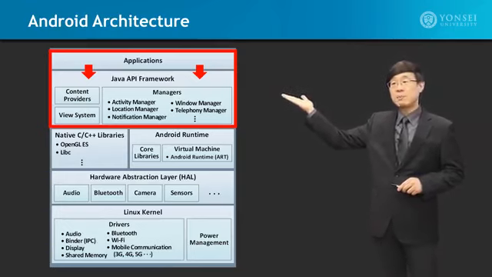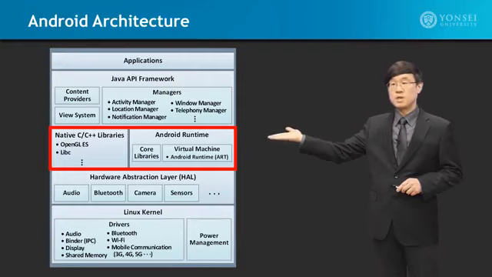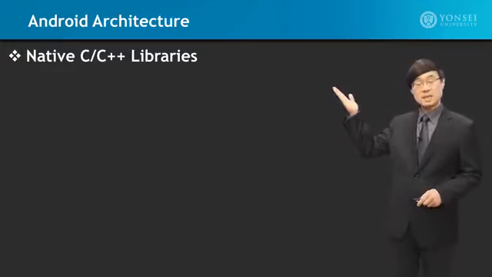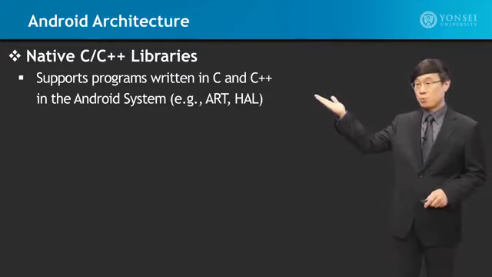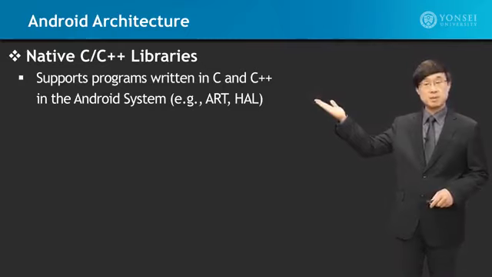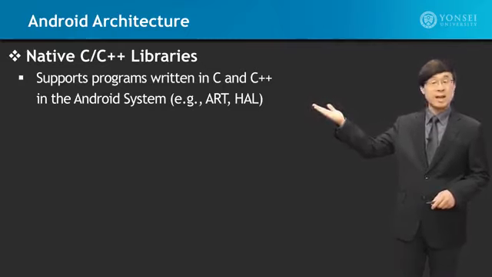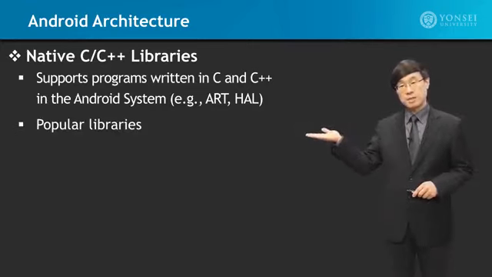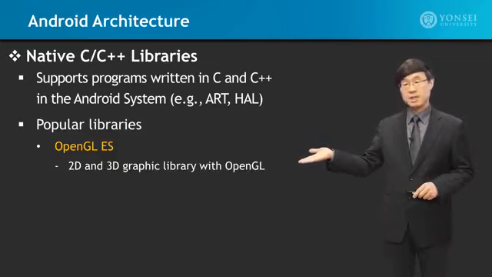But then the Java API framework will also need to use the native C and C++ libraries and the Android runtime. The native C and C++ libraries support programs that are written in C and C++ in the Android system. These include the ART and HAL, which I will explain very soon. Popular libraries include OpenGL-ES.